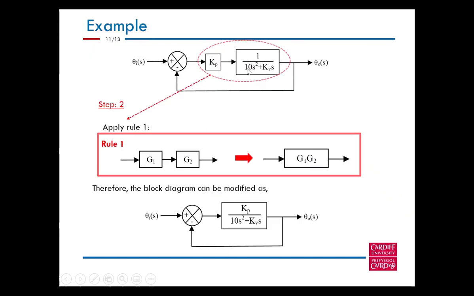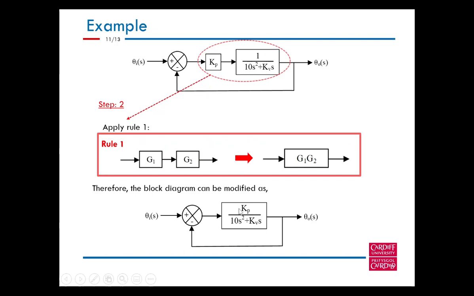Kp is still Kp, but now we have this single block to represent the summing element plus the other two blocks. Now you will find Kp is in series with the new block. By applying rule 1, in this case G1 is Kp, and G2 is 1 over 10s squared plus KVs.